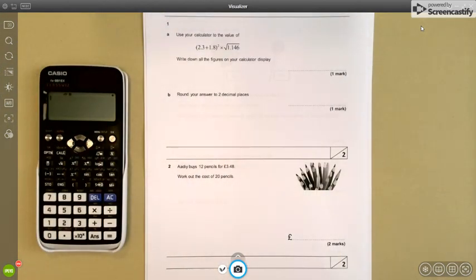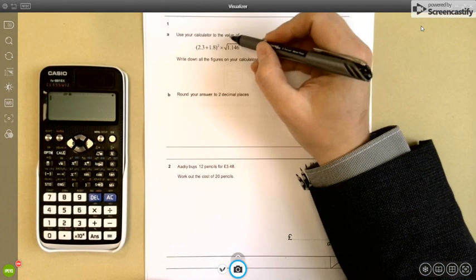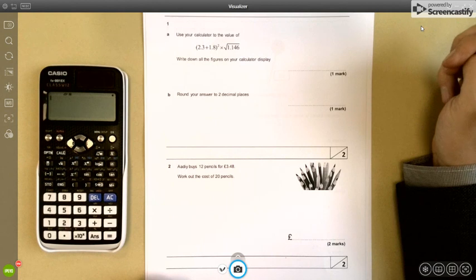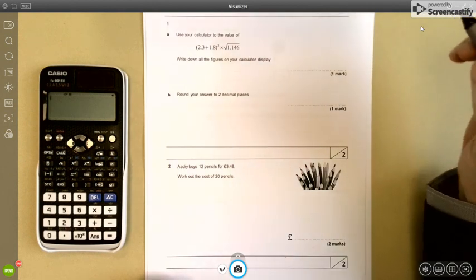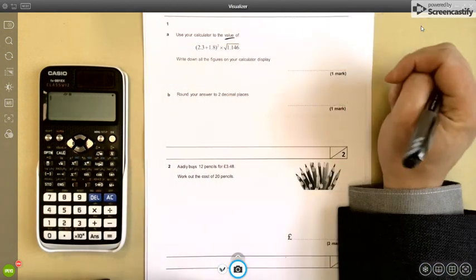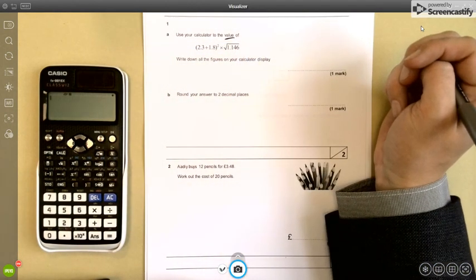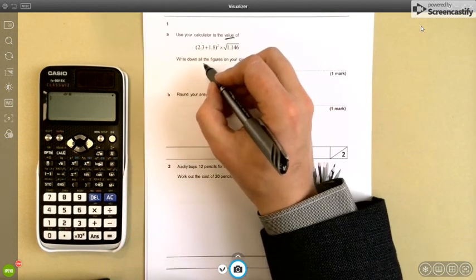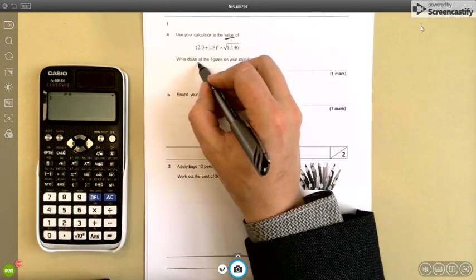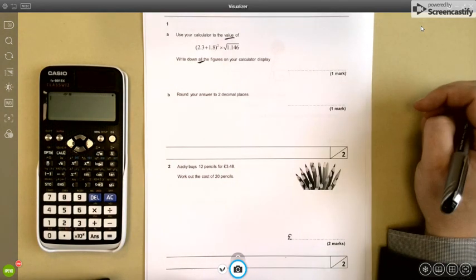Fantastic. The first one is use your calculator to find the value of this. And it asks us to write down all the figures on the calculator display. So value, it's just going to be what this is worth when we've calculated the answer to it. I want to write down all the figures, everything that's on my calculator display. Otherwise, I'm not going to get my mark here.